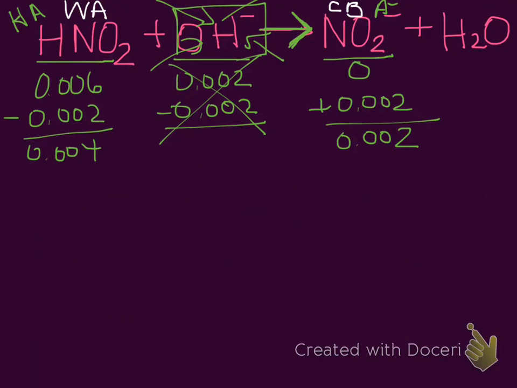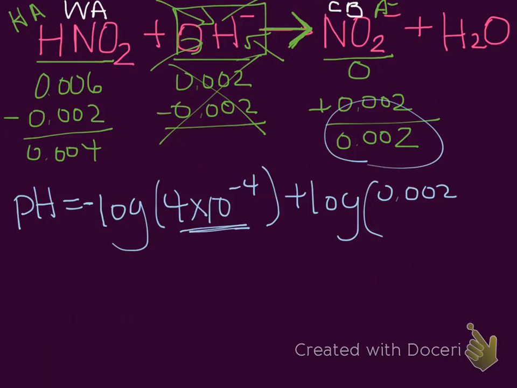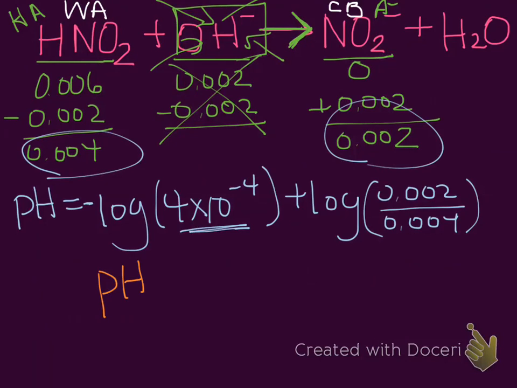And so we will have the pH equals the pKa, and since we used the same Ka, same problem as before, we know that that's 4 times 10 to the negative 4, and you just look that up on the table to know this value, plus the log of, we always use A minus, so that's 0.002 over HA, that's 0.004. And now it's just a matter of plugging it into the calculator. And so I get my pH is equal to 3.10.